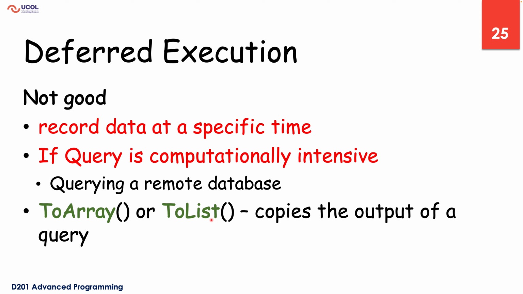So it is very important to understand deferred execution: every time you use that LINQ statement, it is going to be re-evaluated. And if we have an intensive system that takes too much time and the data is not changed, then we don't want to re-execute that query again and again, because that will decrease the efficiency of the program.